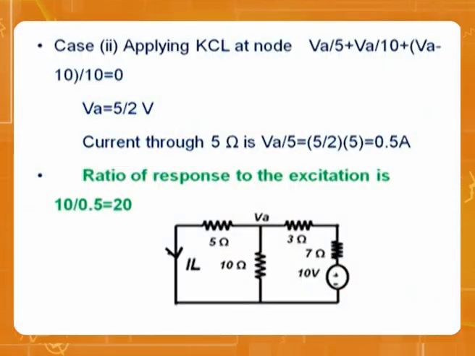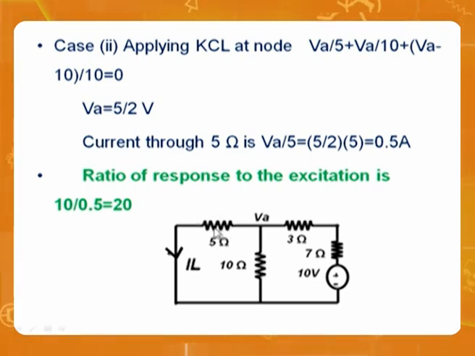So please observe, I am going to case 2 now. When I come to case 2, please observe here, this was the source, actually I kept it here. Now, VA by 5, plus VA by 10, plus (VA minus 10) by (7 plus 3), that's again 10. If you calculate, you will get VA equal to 5 by 2. If VA is 5 by 2, what is the current in 5 ohms?